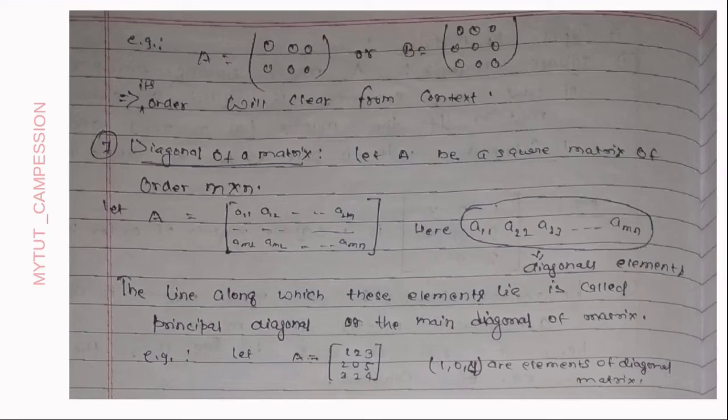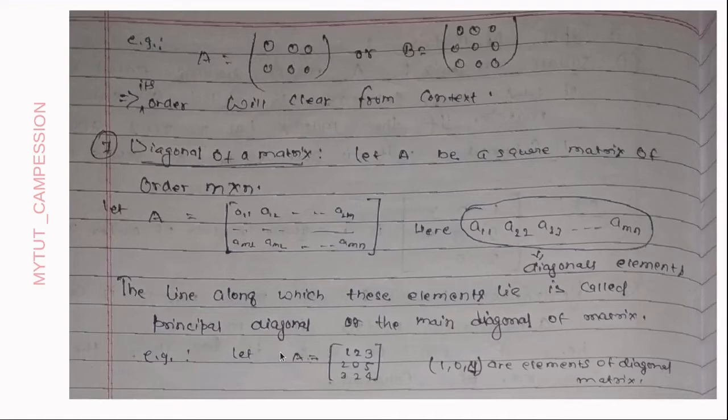Okay, the line running diagonally through a11, a22, a33 and so on to amn is called the principal diagonal or main diagonal of the matrix.